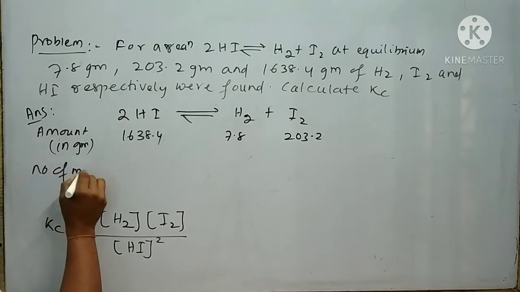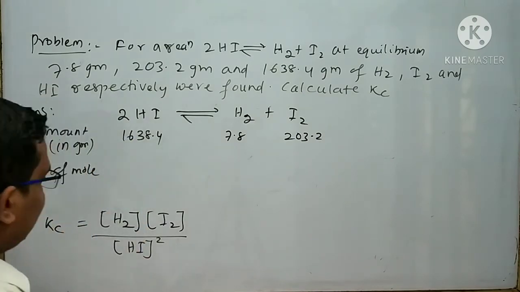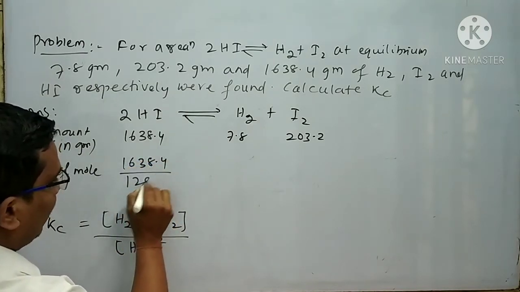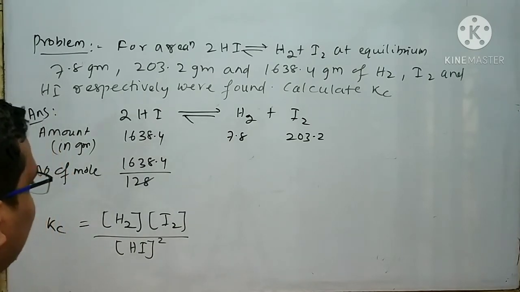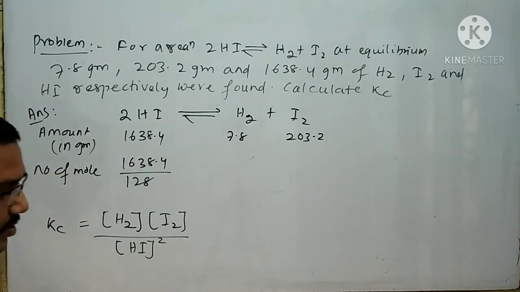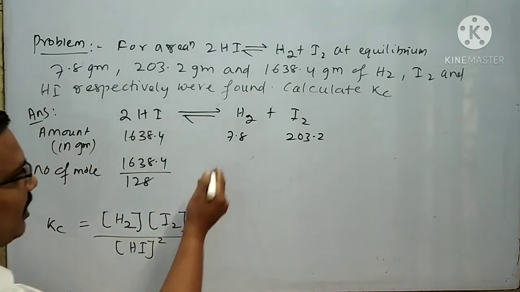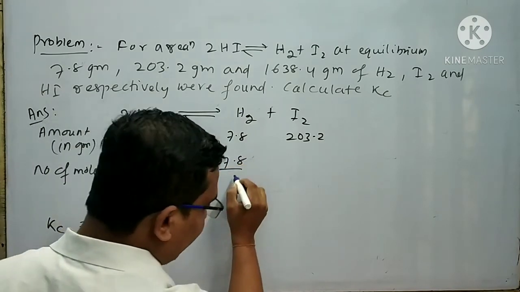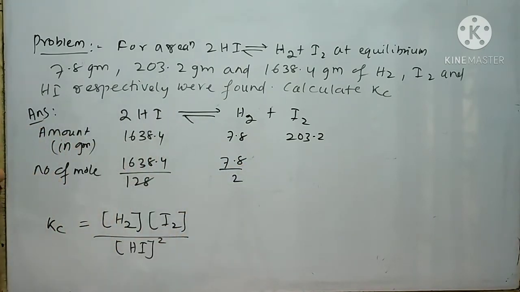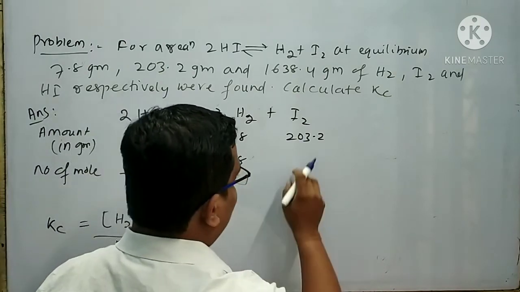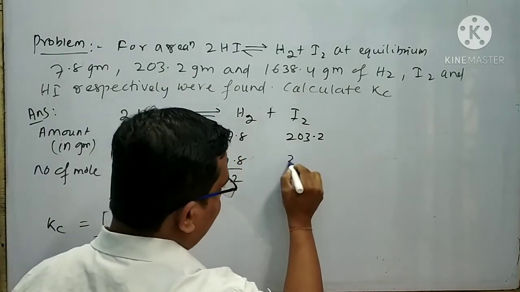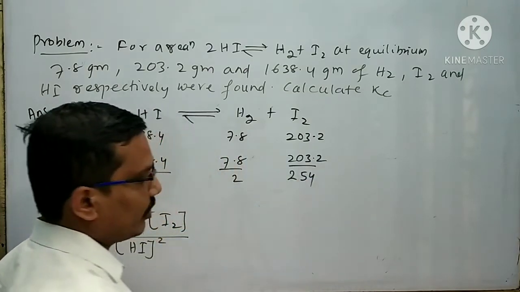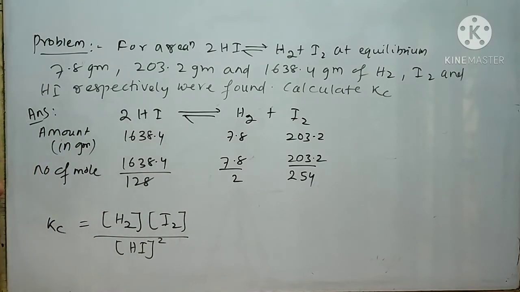So the number of mole of HI is 1638.4 divided by 128 because the molecular mass of HI is 128. Similarly, the number of mole of hydrogen is equal to 7.8 divided by 2 because the molecular mass of hydrogen is 2. Similarly, the number of mole of iodine is 203.2 divided by 254 because the molecular mass of iodine is 254.